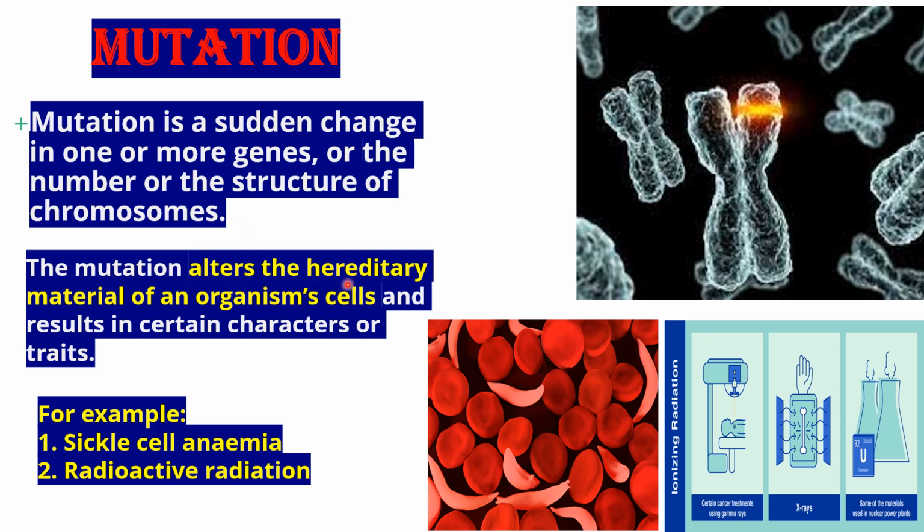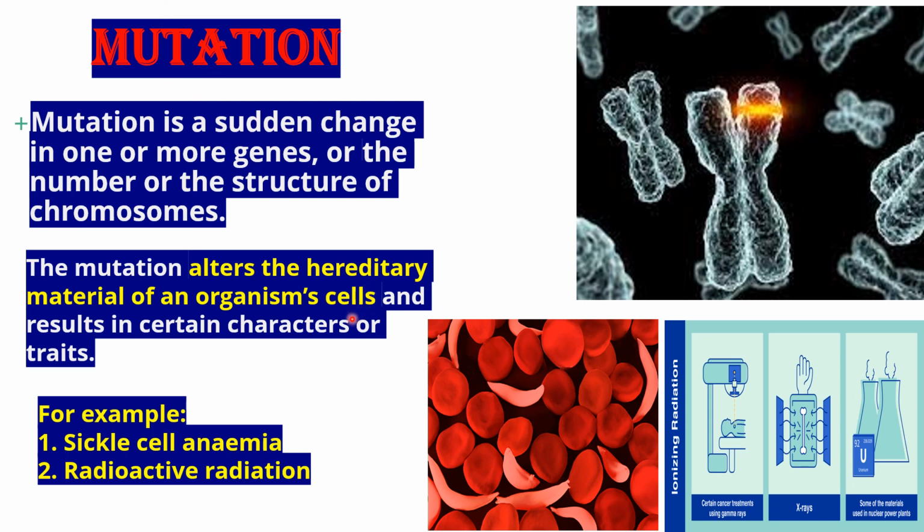The mutation alters the hereditary material of an organism's cells and results in certain characters or traits. Which is the hereditary material? Chromosome. This chromosome will alter due to mutation.